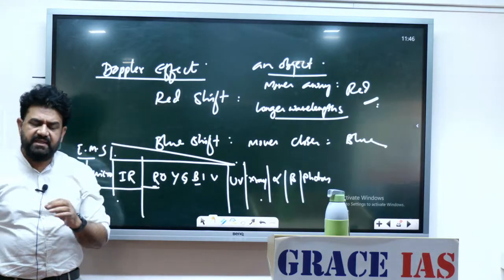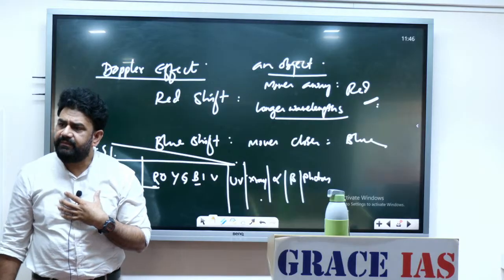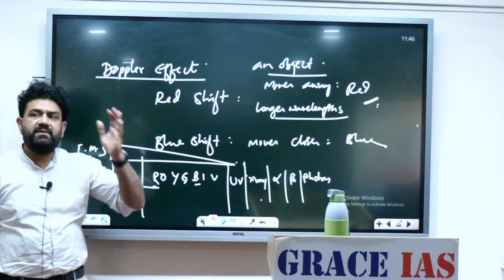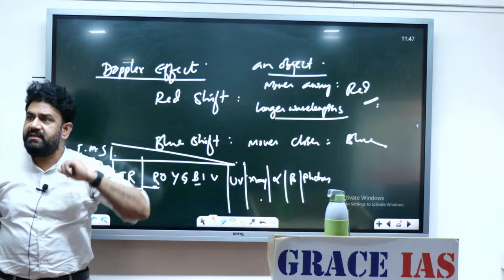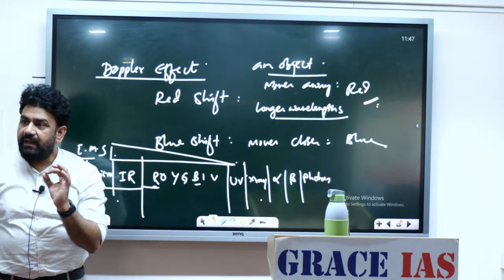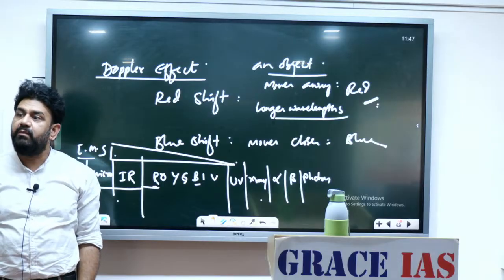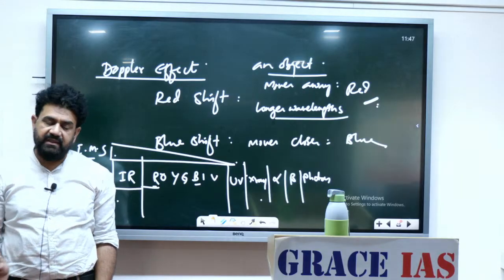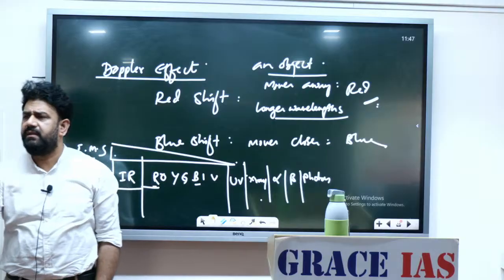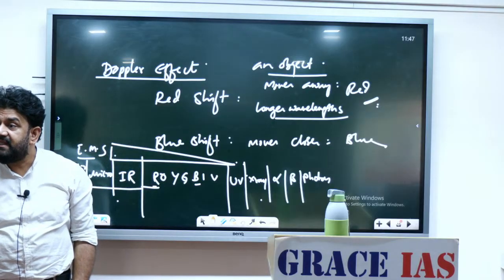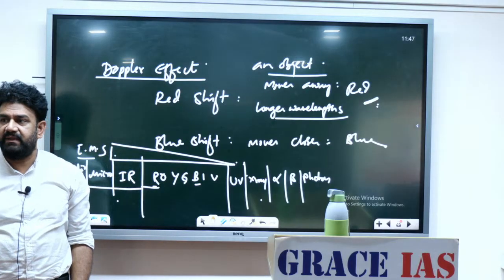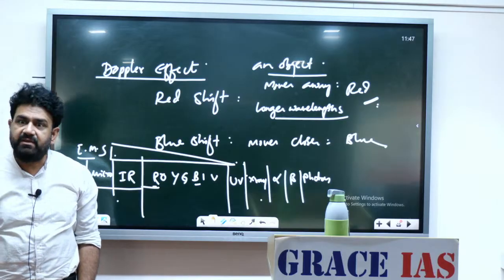What is the significance of this in geography? When you observe stars or celestial objects, they appear red. What does that mean? That means they are moving away from Earth, or Earth is moving away from them. So what? That means the universe is expanding. That is the inference we can draw.